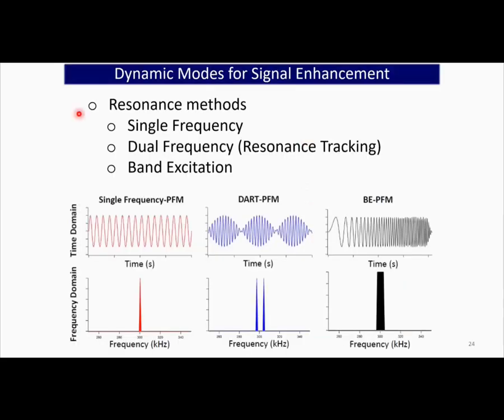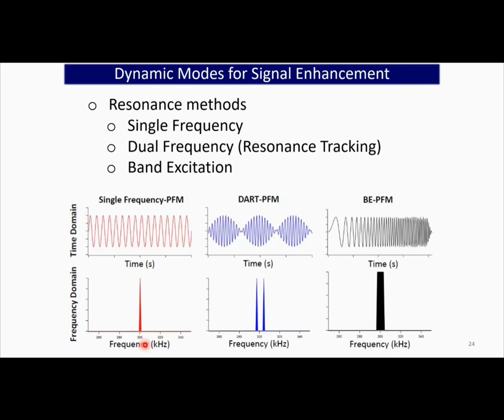So some of the methods for enhancing this while avoiding the problem. So the single frequency approach I described as having a little bit of an issue, but often you can operate, say, at the shoulder of the peak, and as long as the peak shift isn't so big, then you won't have huge problems in some kind of crosstalk problem, but you would have some issues, say, in your amplitude.